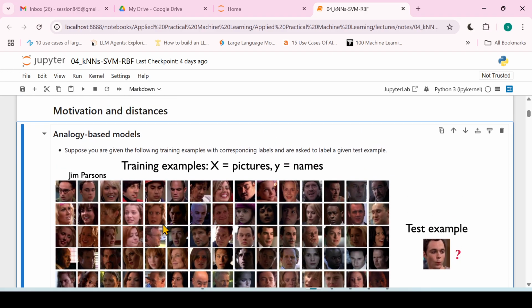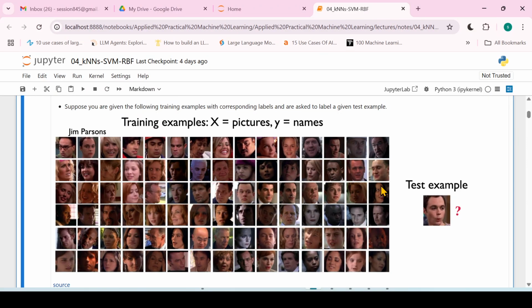Suppose we have these training examples with labels and are asked to label the test example. Here we have a lot of these pictures along with the labels, and then we have this test example. We want to label who this person is, or what the label of this picture would be.